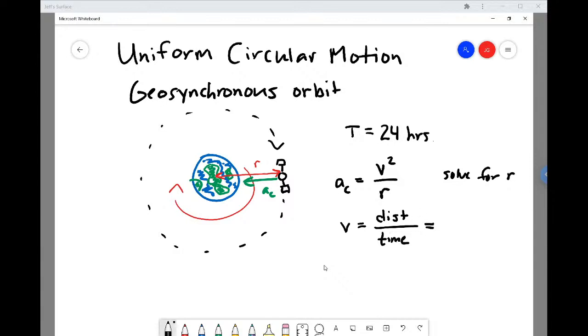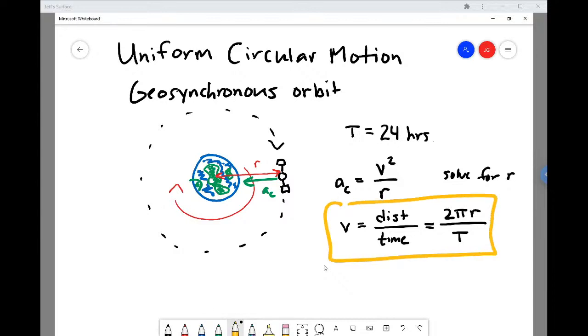So if you have an object that's moving in a circle, when it goes around once, the distance it traveled is equal to the circumference of its circular path, and the amount of time it takes to do that circular path is the period of its revolution. So the speed of a satellite in orbit is going to be 2 pi r, the circumference of its circular path, divided by T, the period of its revolutions. Okay, so we have a formula that we can use to find v.